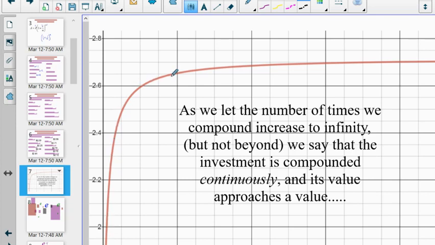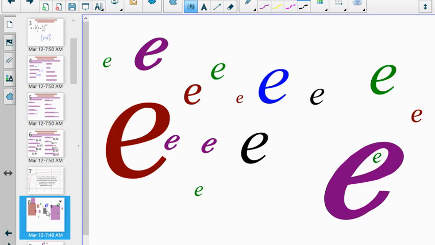And as we continue to go higher and higher, this levels off. If you graphed this far to the right, x equals, instead of 80, 800, 8,000, 8 million, there's an upper level. There's a number that this is approaching, somewhere between 2.6 and 2.8. And it turns out that that number is the number e.